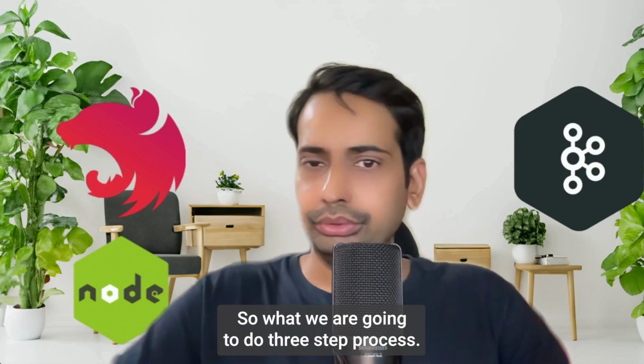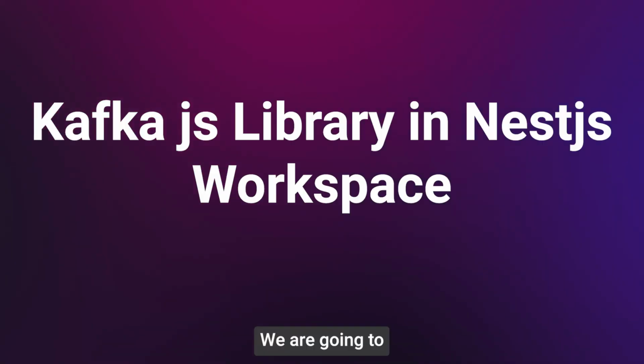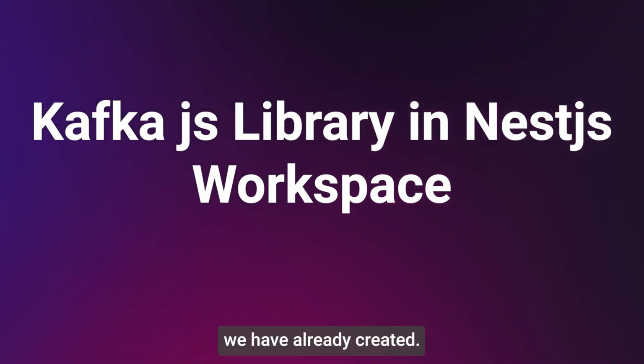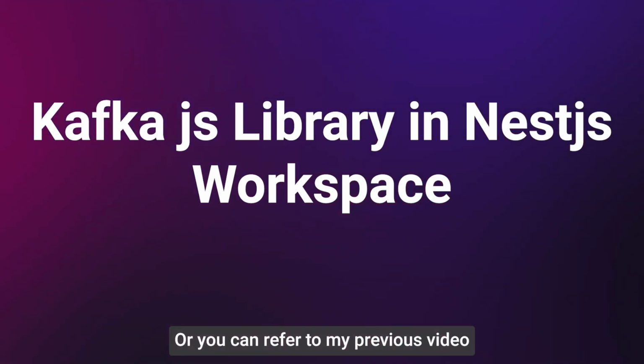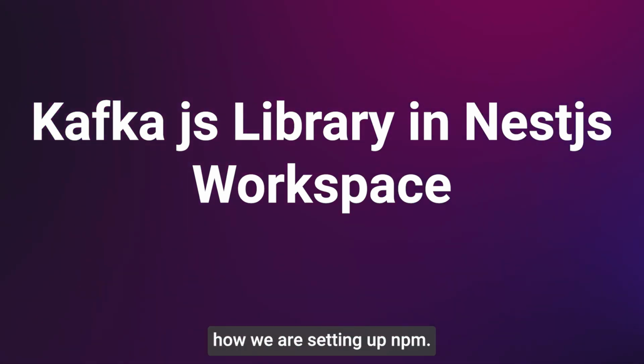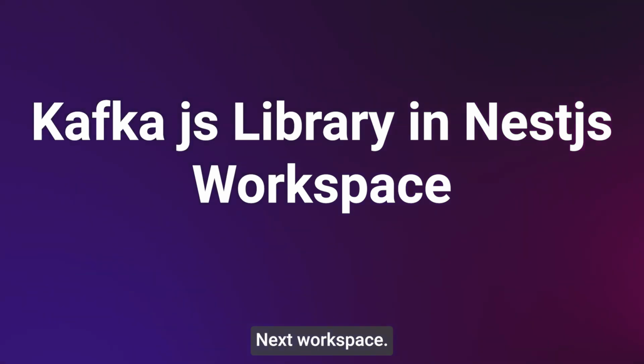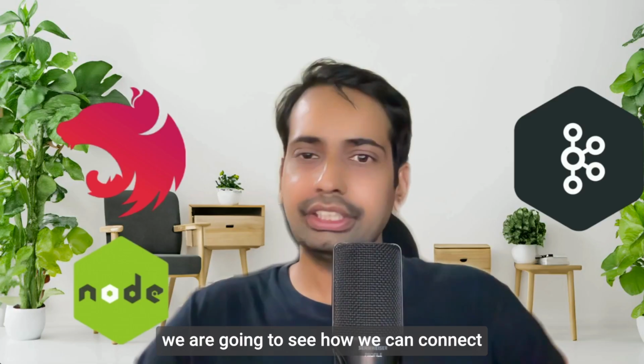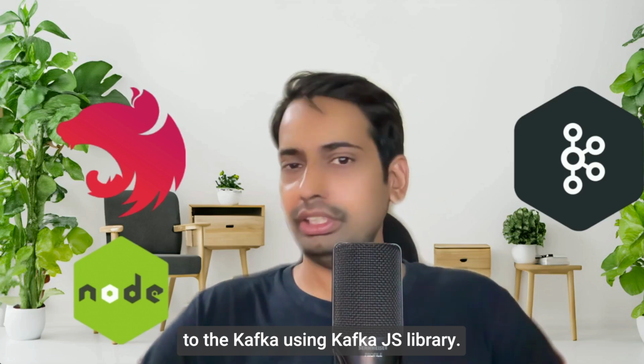So what we are going to do is a three-step process. We are going to create a kafkajs library in the npm workspace. The npm workspace we have already created, or you can refer to my previous video on how we set up the npm Nest.js workspace. Then we are going to see how we can connect to Kafka using the kafkajs library.